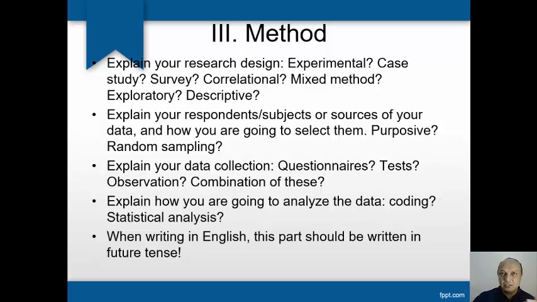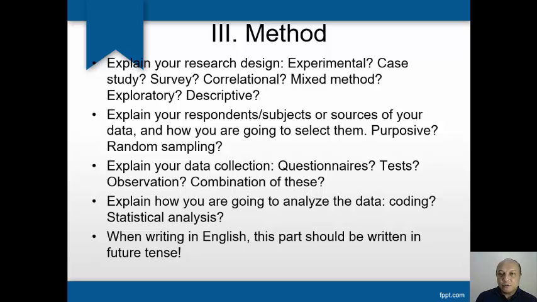By coding, if it is long transcripts or results of observation, and then you code them one by one or by using sophisticated software like NVivo. Are you going to perform a statistical analysis, t-test, ANOVA, MANOVA? So you have to explain clearly here.